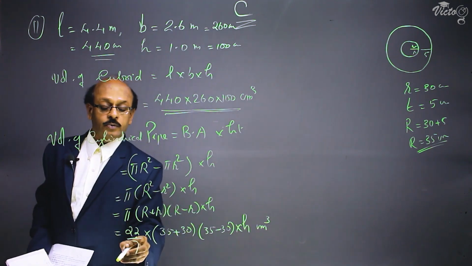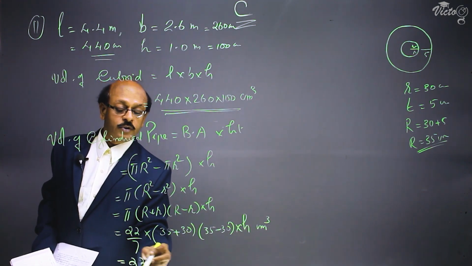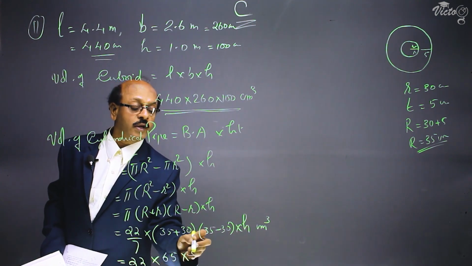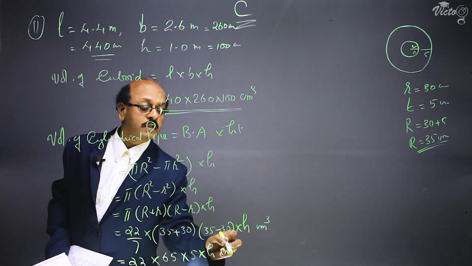This is equal to 22 by 7 into 65 into 5 into h centimeter cube.